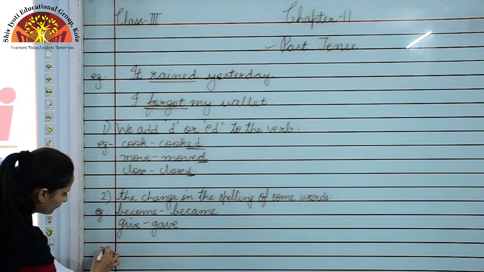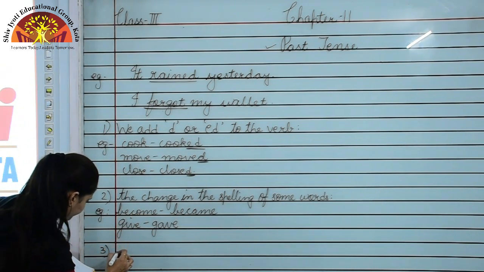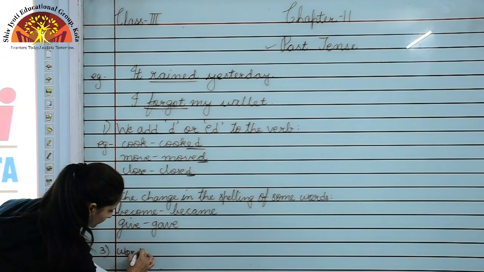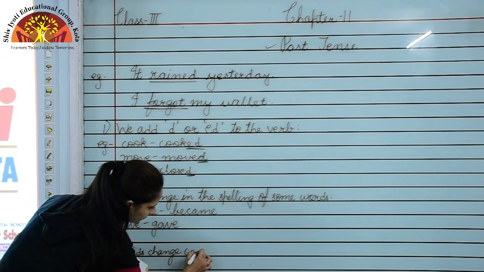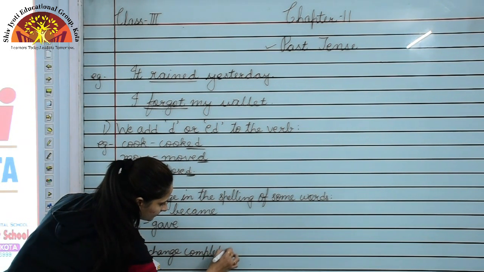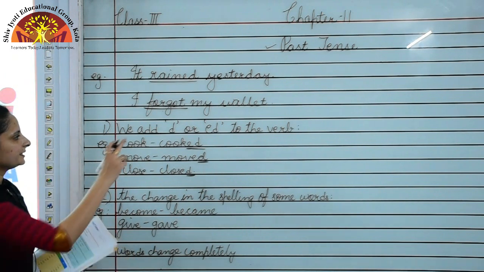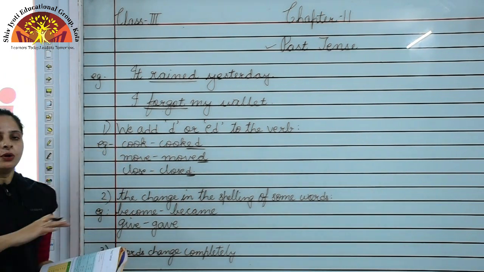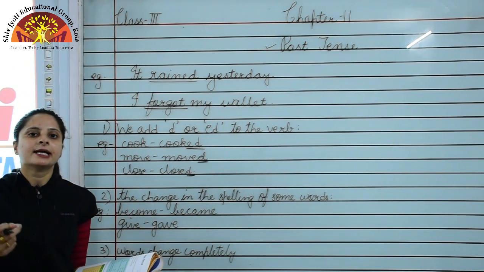And there is a third way, when some words change completely. They do not follow any rule. Neither do we add d or ed. So we completely change the word if we want to change the verb into its past form.